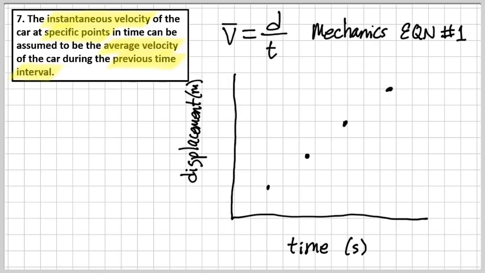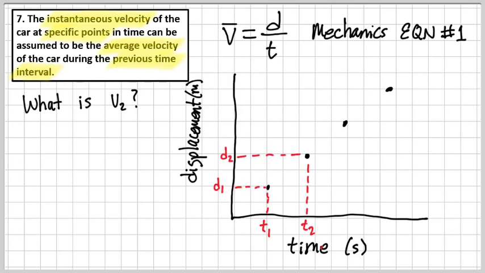So let's say we want to find the instantaneous velocity at time 2. Okay? Well, we're going to find the average velocity between time 1 and time 2, because that's the previous time interval before time 2.